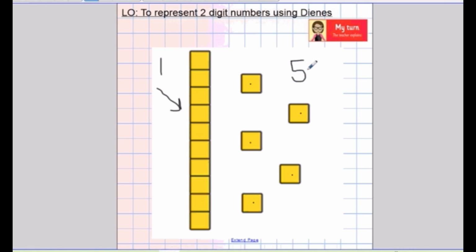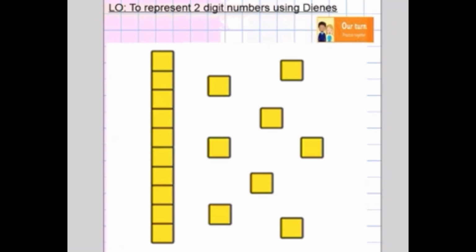We have 5 ones. 1, 2, 3, 4, 5. 1 ten and 5 ones. So the 2-digit number that these Deans represent is, well done, 15.